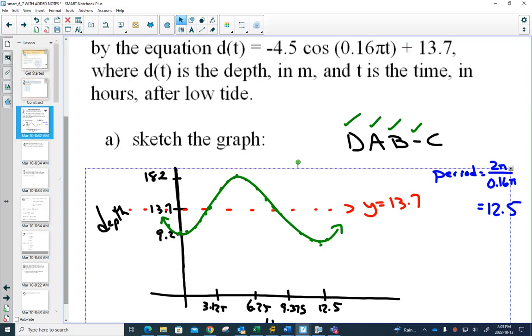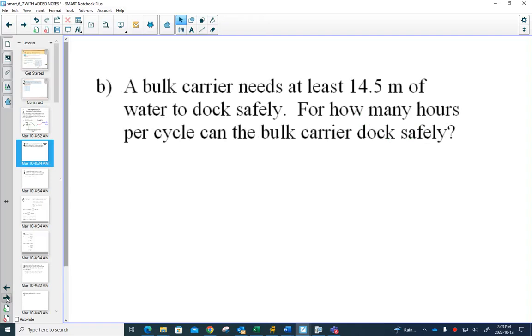Okay. Now, for part B, it says that a ship, this is a fancy word for a big ship. Here, I'll translate this into easier English.